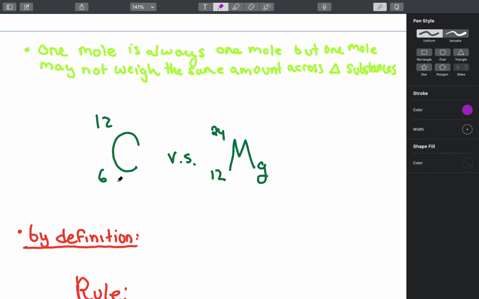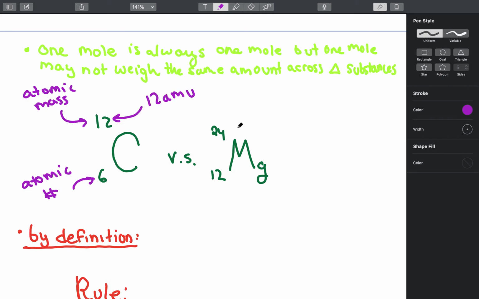So for example, we have carbon 12 and magnesium 24. Remember from one of my previous videos that the number at the top is the atomic mass, so how much it weighs, and the number at the bottom is the atomic number. Carbon 12 weighs 12 atomic mass units, and magnesium 24 weighs 24 atomic mass units.